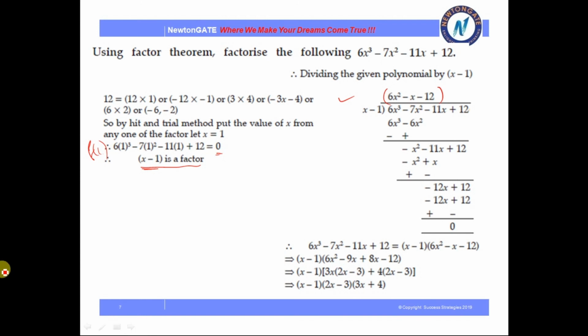So the factors are x minus 1, 2x minus 3 and 3x plus 4. This 2x minus 3 and 3x plus 4, we broke down from 6x square minus x minus 12, and we found two factors, and the one x minus 1 we found out by the trial and error method. So these are the two examples.